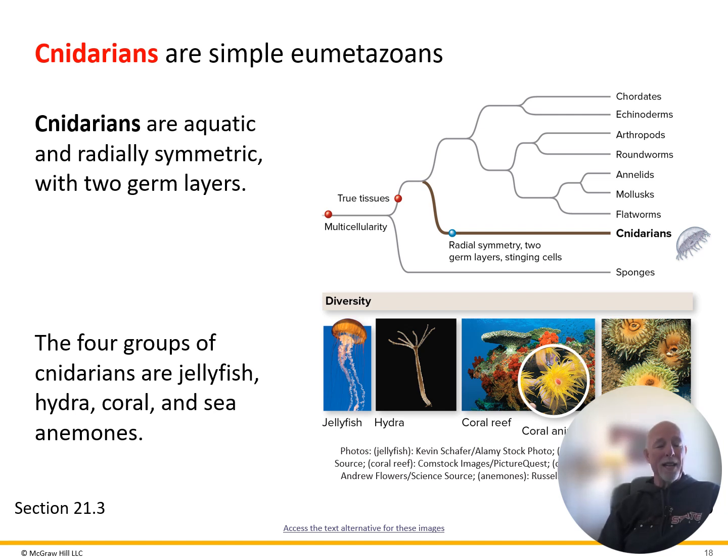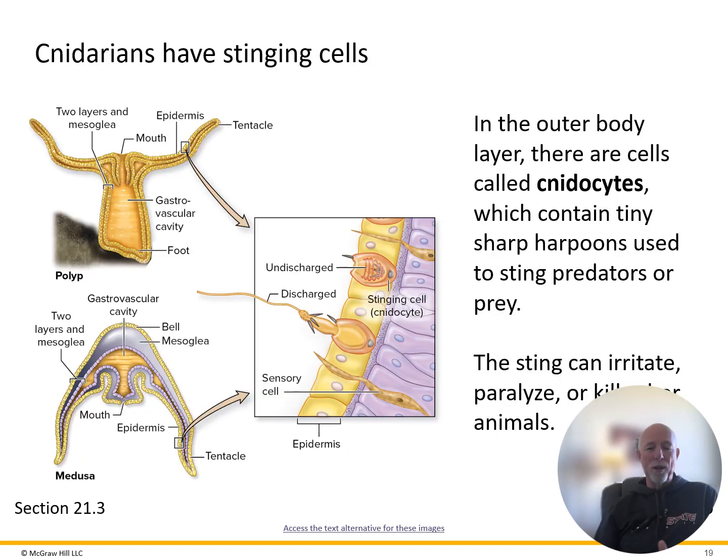They are radially symmetrical. We have to look down from the top to create identical planes of symmetry. But these, you've seen these before. Maybe you've been to the aquarium in Jenks, but you've seen these in zoos. If you haven't been to an ocean, you're pretty familiar with these. But the cnidarians have stinging cells.